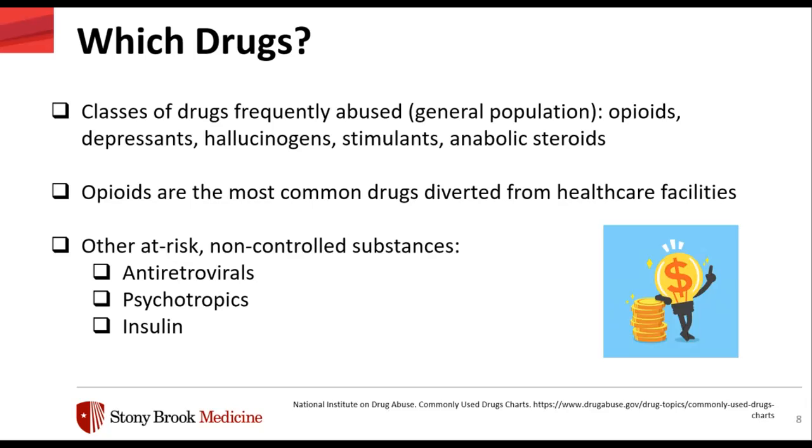Do you guys know why those last three medications are commonly diverted, even though they're not considered controlled substances or don't really have an abuse potential? Yeah, exactly. So they're high cost medications. So individuals try to divert them to obtain them to not pay standard prices.